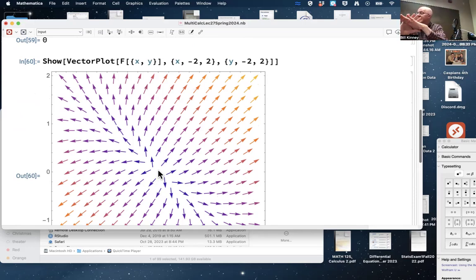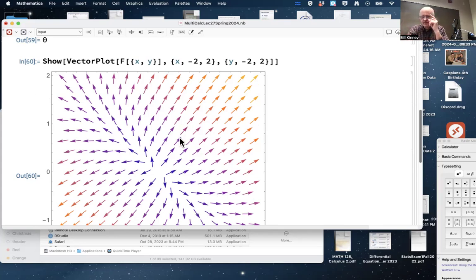But that divergence is for everywhere in the entire plane. Over any small region, no matter where you are, more water, so to speak, is flowing out than is flowing in over any small region. It's hard to visualize and think about just looking at this picture, but it's true.